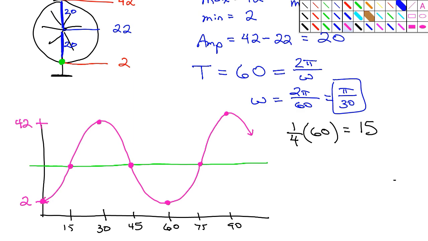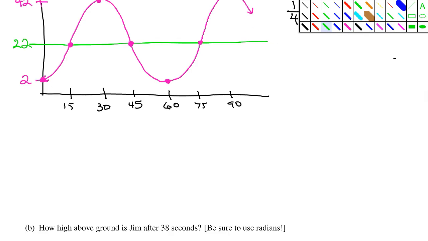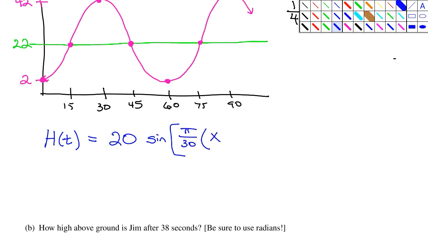Let's use that to make the model. So the model is going to be h of t, that's the name of the function, is equal to the amplitude, which is 20, times sine of omega, which was pi over 30, times t minus, and what was the phase shift?